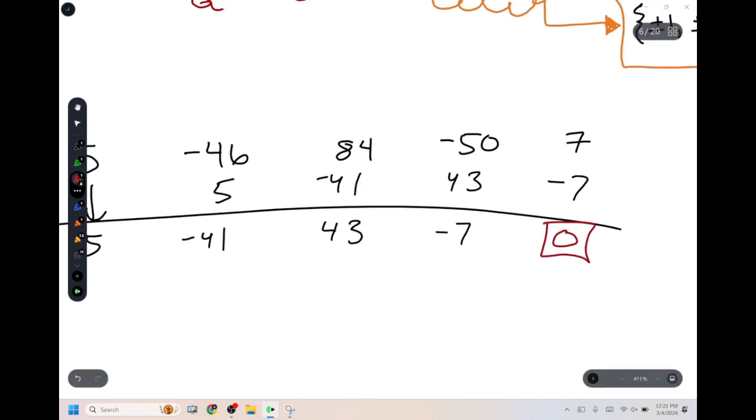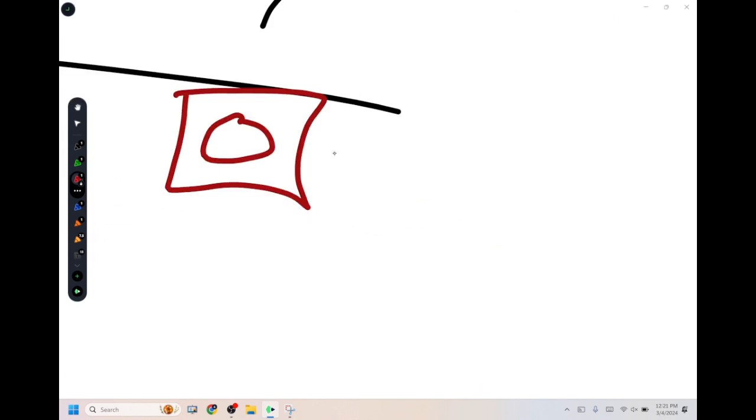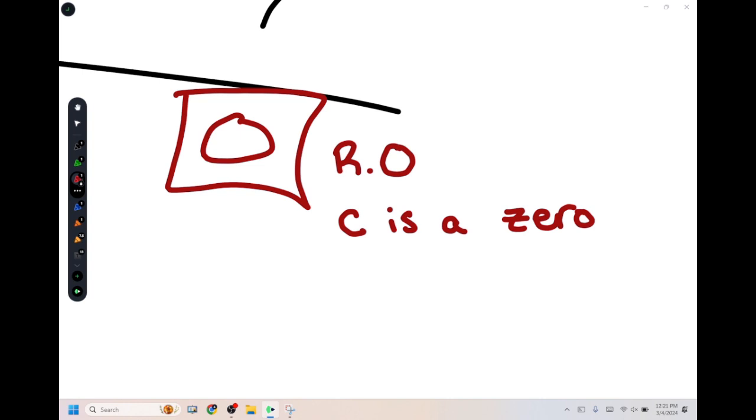What does that mean? The remainder is 0. So that means that C is a zero. C is the little thing inside it. From the book, they call it a C. If you just want to remember the little thing inside the square, fine.